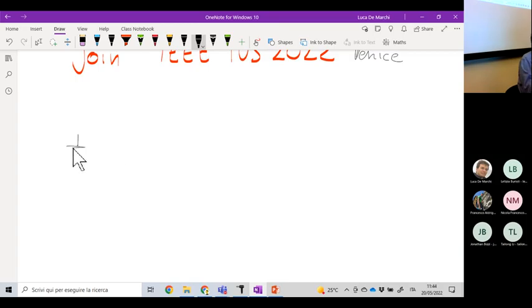So what happens if we have a situation like this? So suppose that the inputs are null. And you have a configuration like this one.